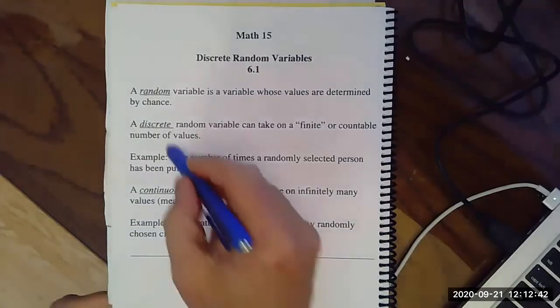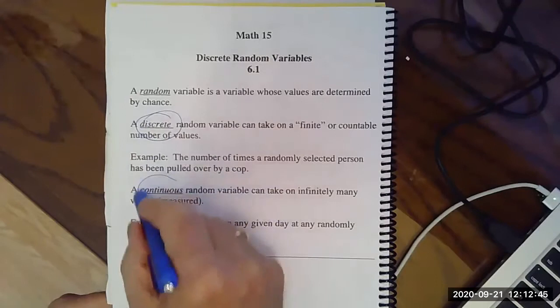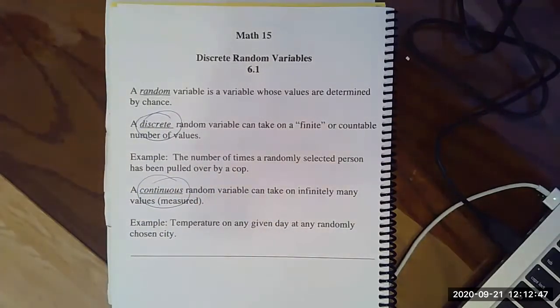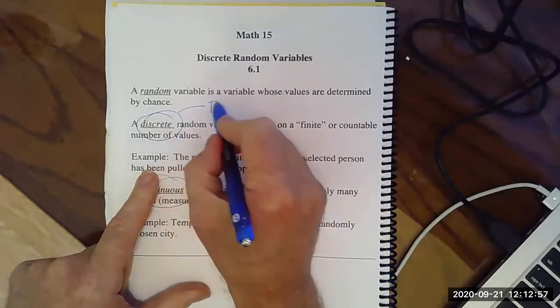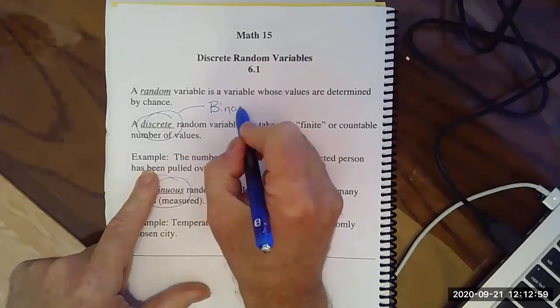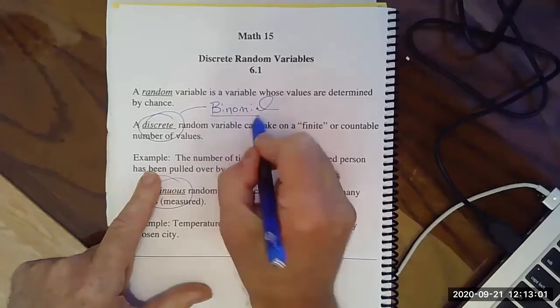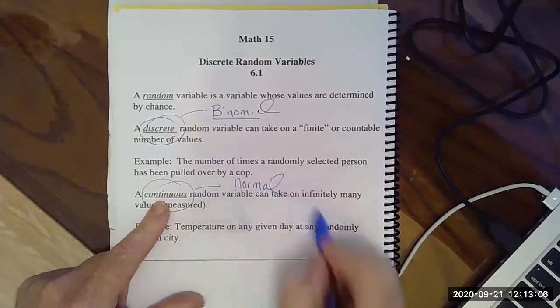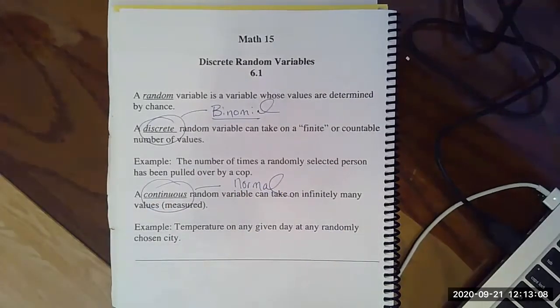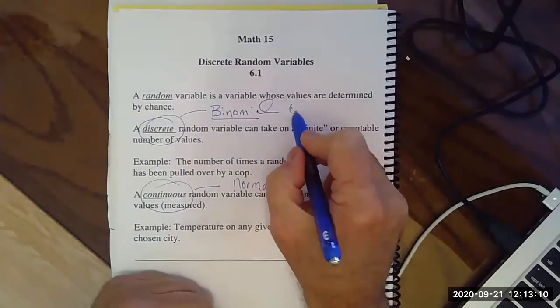So, discrete, continuous. We've done that before. There's nothing different, nothing new. Except binomial, and this one here is normal. So now I'm going to give you words where this is 6.2.